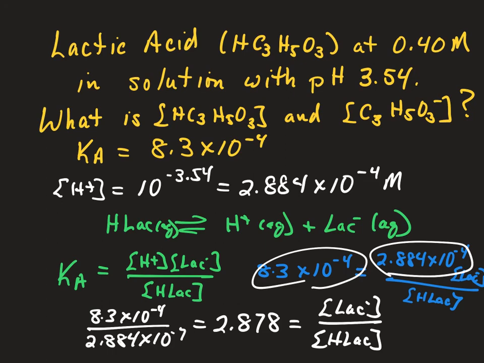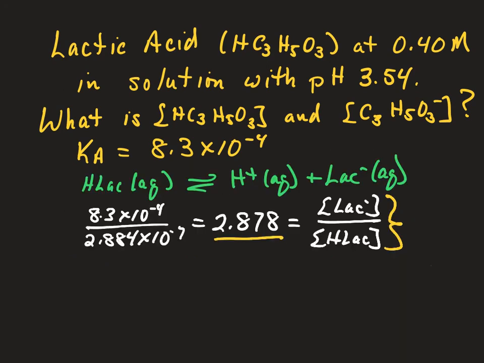The ratio of those two numbers is 2.878. Here we are with the essential information carried over. Our problem is that that's a fine equation, we got a number, but we have two things we don't know, and we can't solve one equation with two unknowns. We need something else that relates these two unknowns in order to solve. If we can solve for one, we can solve for the other.